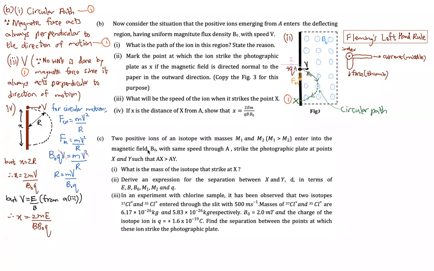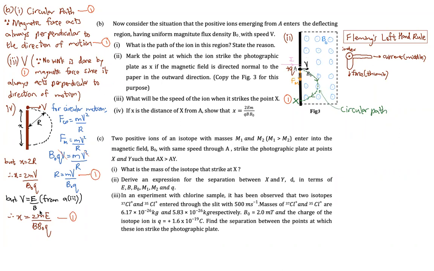Okay, right. If you allocate marks for this one, it is 2 marks for this whole thing: getting this equation 1, and getting this final part 1.